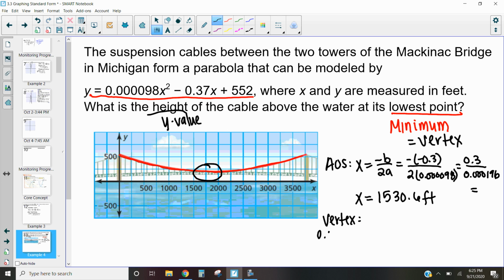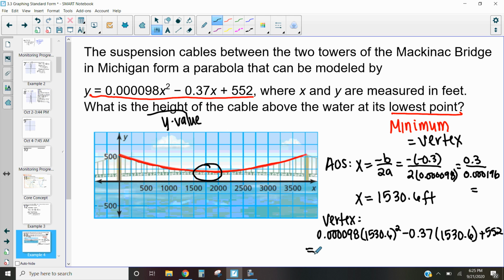I've got 0.000098 times this 1530.6 squared, minus 0.37 times 1530.6, plus 552. Whatever this number gives us is going to be the height of the cable above the water at its lowest point.